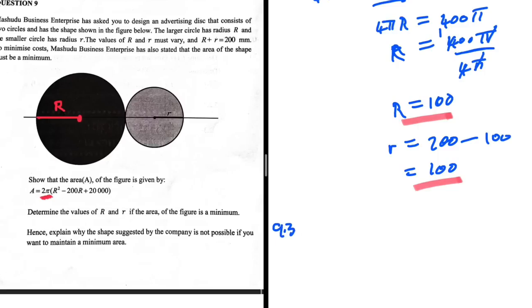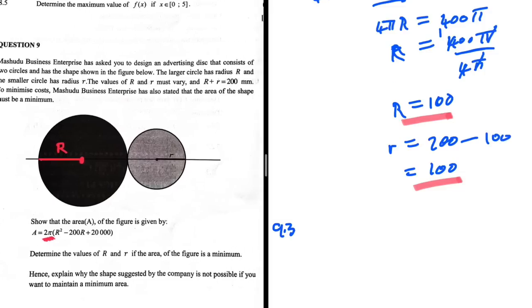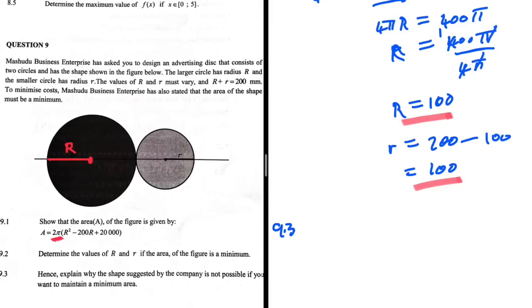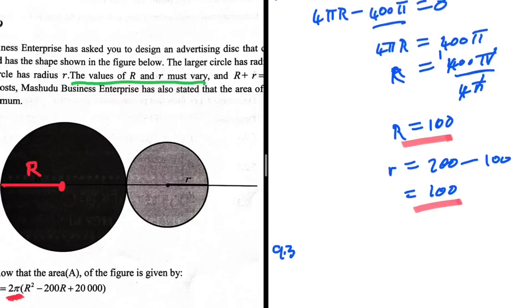9.3 says, hence explain why the shape suggested by the company is not possible if you want to maintain a minimum area. Let's go back to the given information here. What are we missing? The values of capital letter R and small letter r must vary. That's what's required.